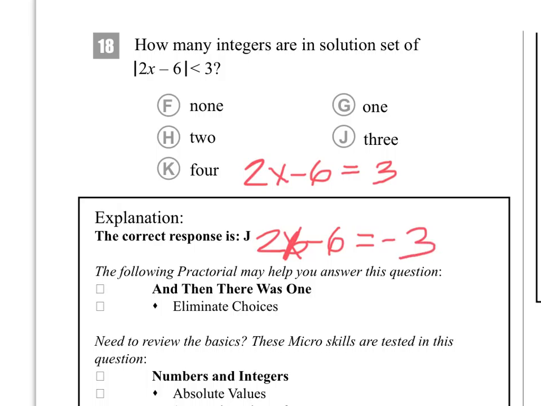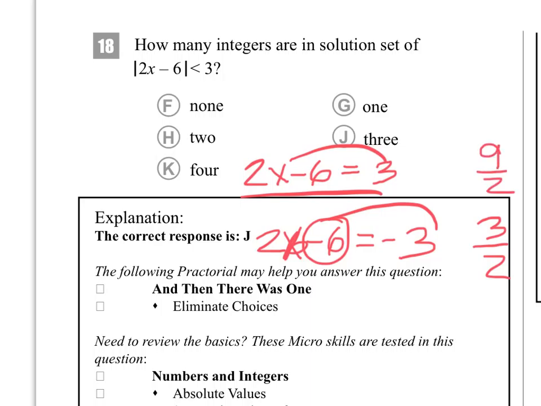So if I go over this way with that 6 and add it, I end up with a +3, and divide by 2, it would be 3/2. If I solve this one here and move this over, I have a +9, divide it by 2, I have 9/2. So those translate into 1.5 and 4.5.